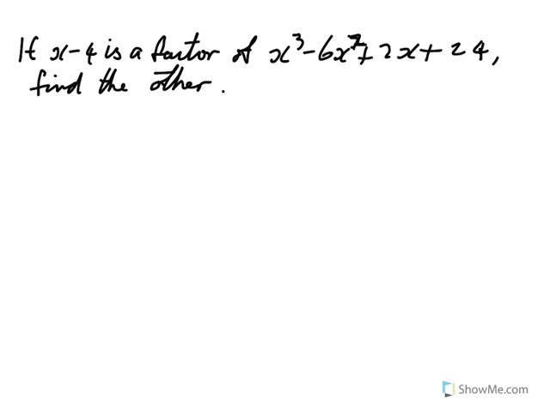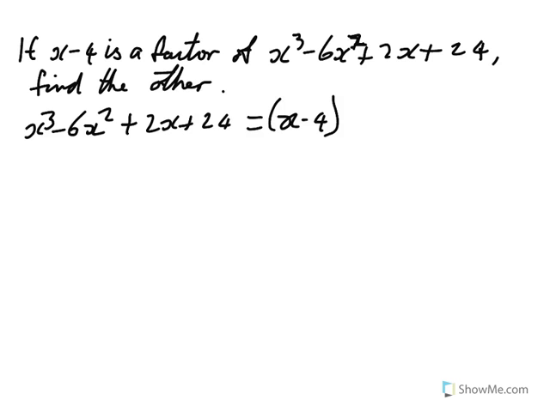What that means is that x cubed minus 6x squared plus 2x plus 24 is equal to x minus 4 times something else, which would be ax squared plus bx plus c.